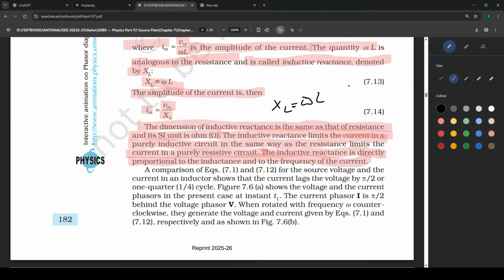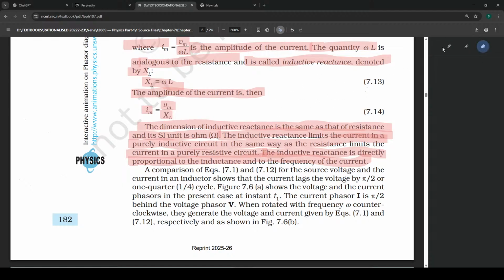If we assume an AC generator, similar to a windmill, the faster the windmill spins, the higher the angular velocity, and the more current produced. Similarly, the more the current produced, the higher the magnetic flux changes. Because of that, the higher the opposing current produced. Because of that, it is directly proportional to frequency.